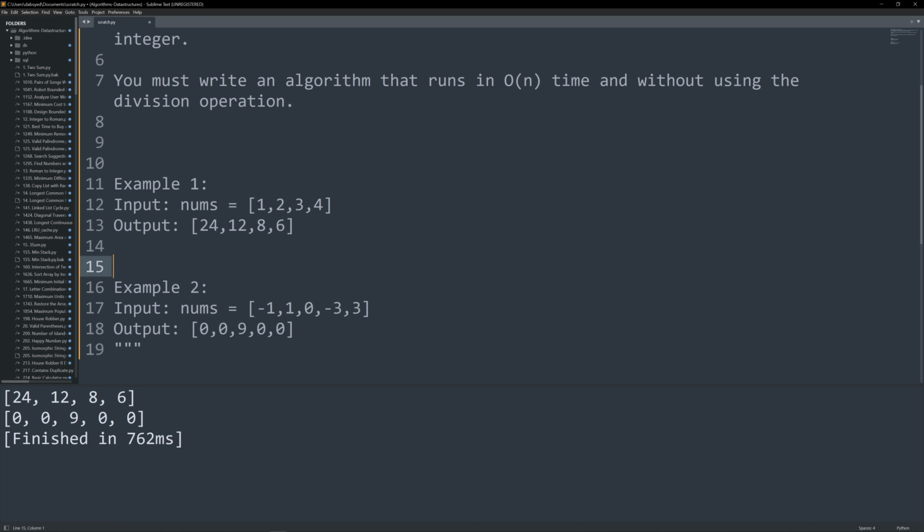Now the idea of how to generate this resultant array is basically at each of the elements.